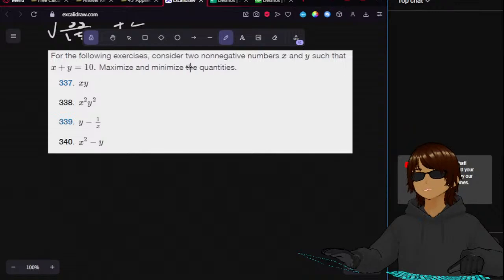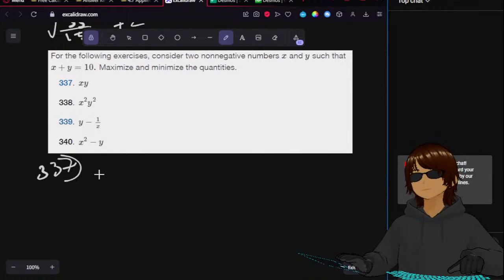Consider two non-negative numbers x and y such that x plus y is equal to 10. Maximize and minimize the quantity. So let's do the blue one. 337. X times y.